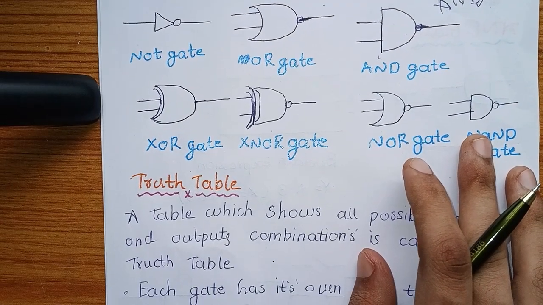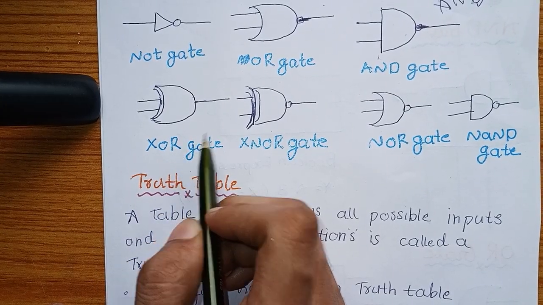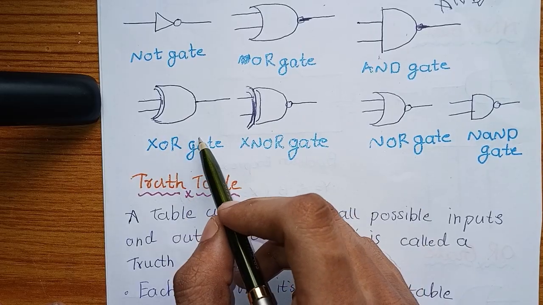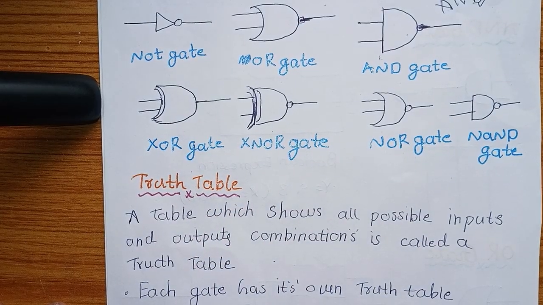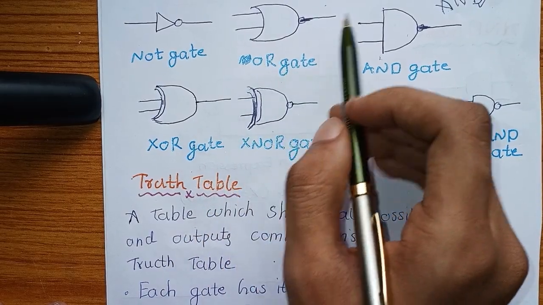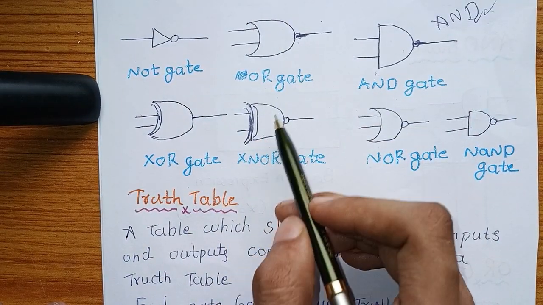Now coming to the XNOR gate and XOR gate, we do not have much use for these in the JEE Mains portion, but just remember the structures. Bring this OR gate here also.